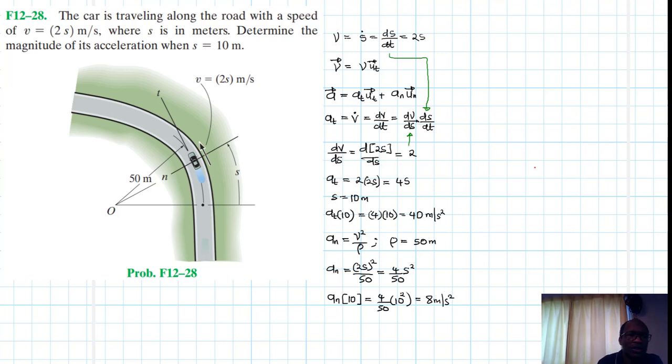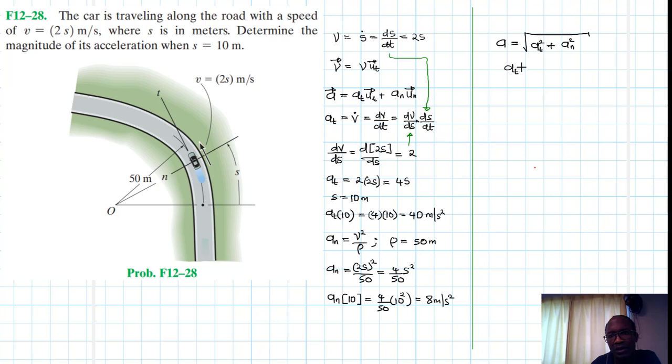So we've calculated the two values. Then we'll need to use the Pythagorean theorem to find the magnitude. So a will just be equal to the square root of a_t squared plus a_n squared.